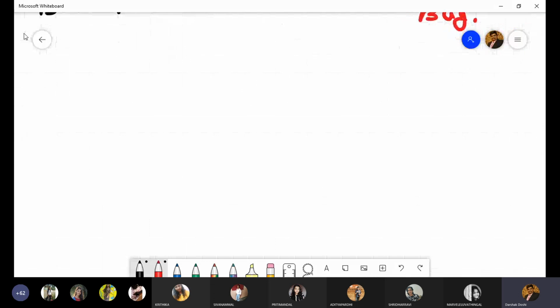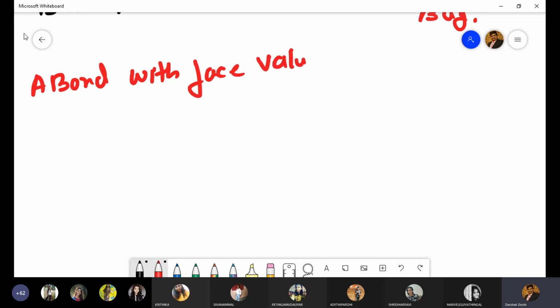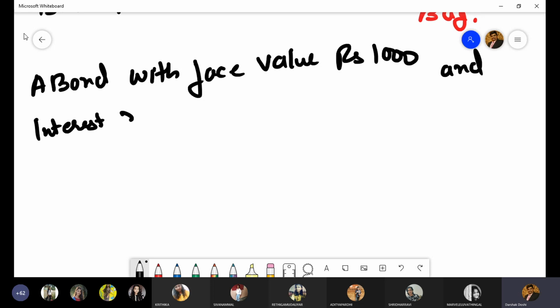Write down one question. A bond with face value rupees 1000 and interest rate 6%.